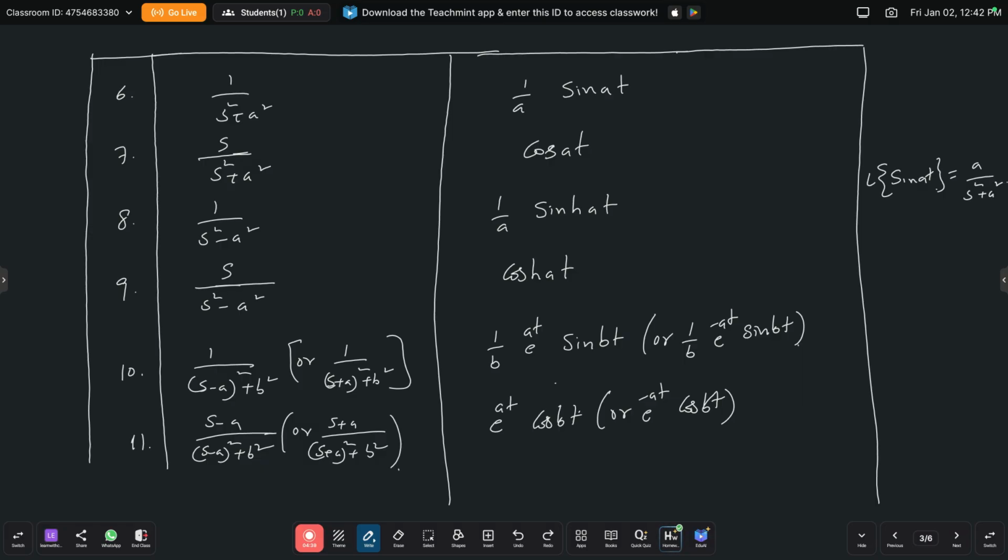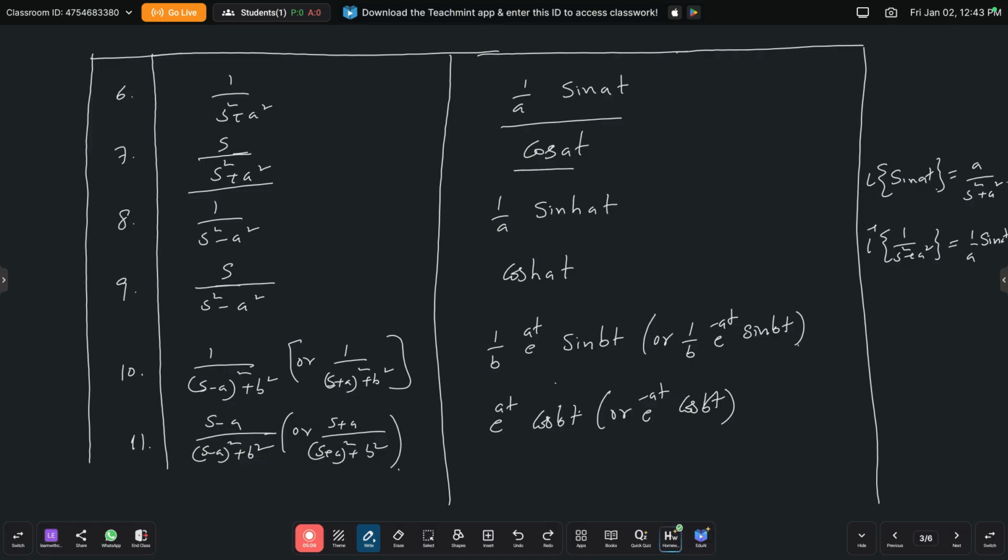So L inverse of 1 by s square plus a square equals 1 by a sin at. L inverse of s by s square plus a square equals cos at.